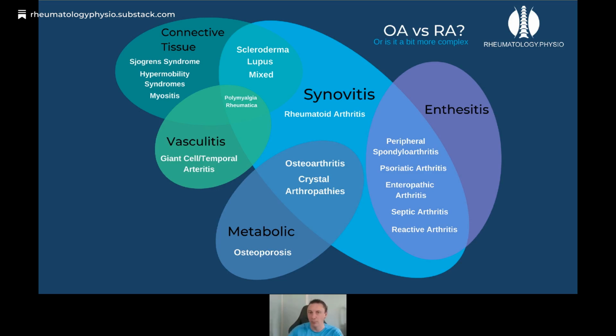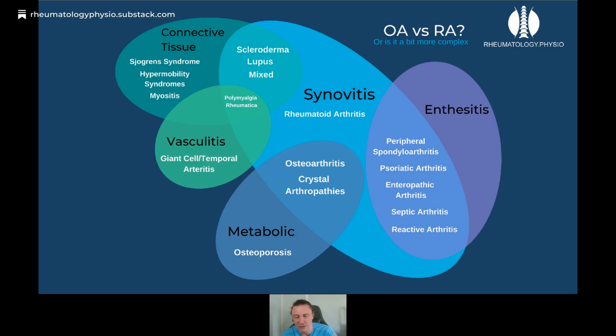I mentioned this is complex. I start with this slide on almost every presentation I do. The rheumatological conditions, this doesn't cover all of them. This covers the majority that cause obvious musculoskeletal manifestations.